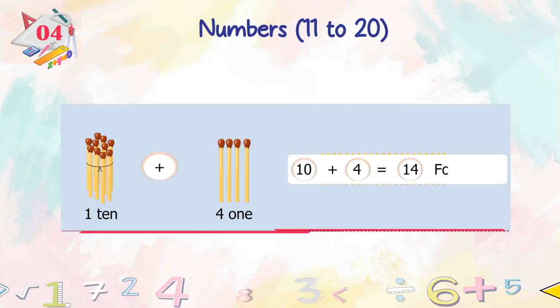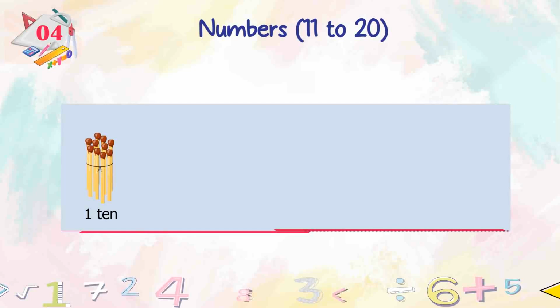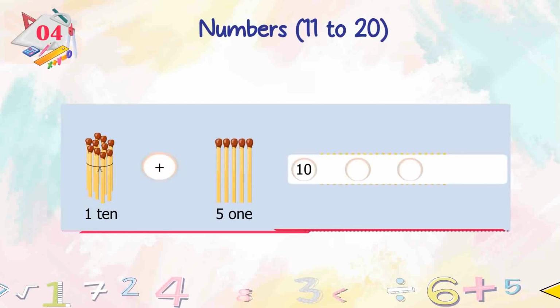F O U R T E E N. 1 ten plus 5. 1 ten plus 5 is equal to 15. F I F T E E N.